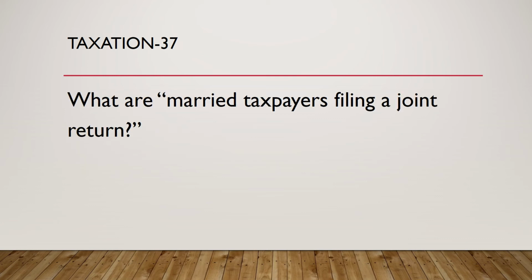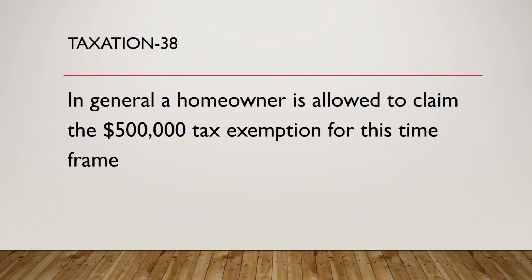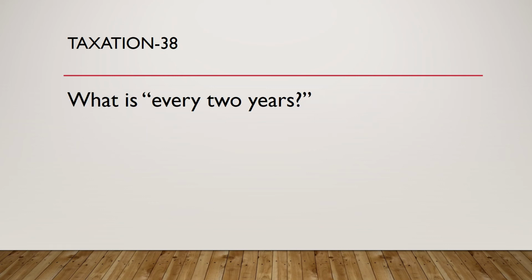What is married taxpayers filing a joint return? Question 38. In general, a homeowner is allowed to claim a $500,000 tax exemption for this time frame. What is every 2 years?